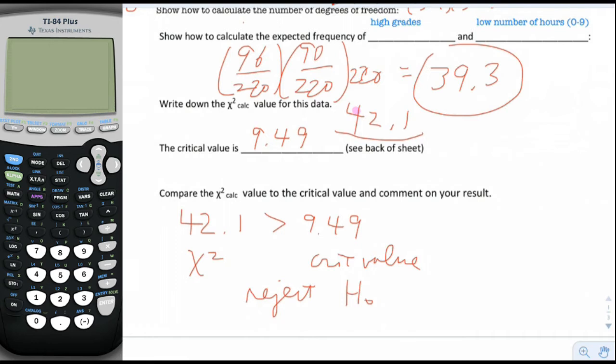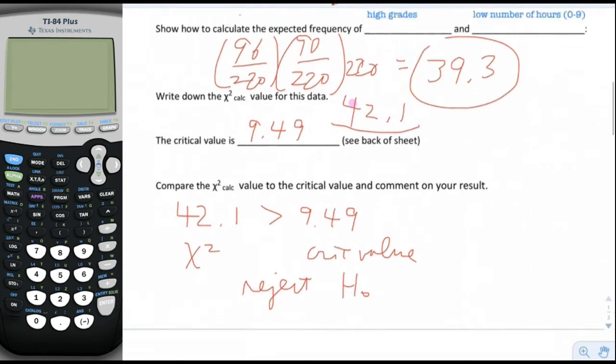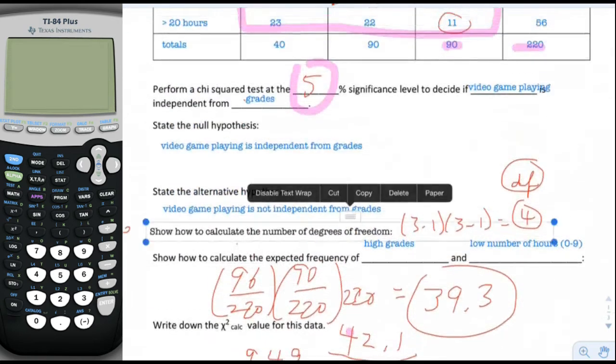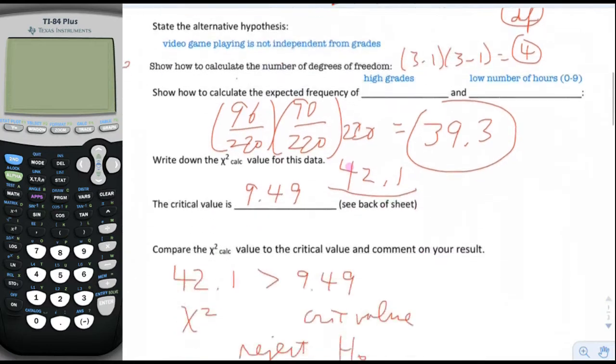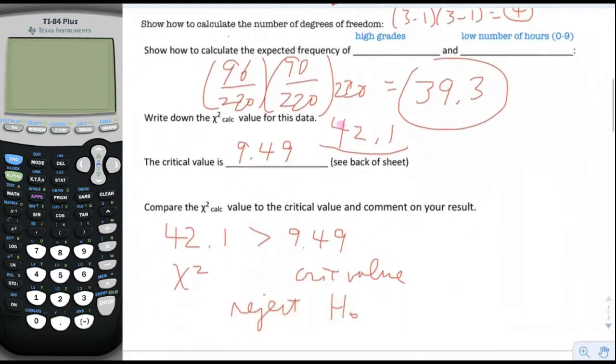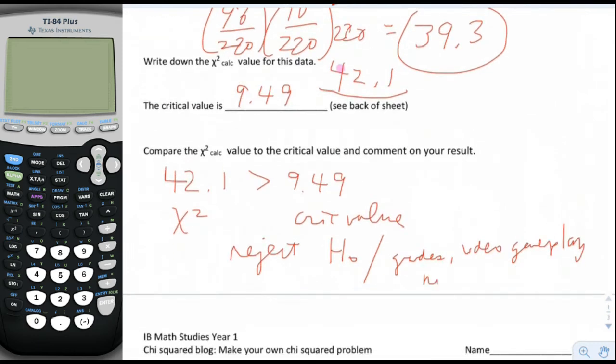So in the end, if we reject the null hypothesis, that means that the two factors, grades and video game playing, are not independent, because we rejected the null hypothesis.